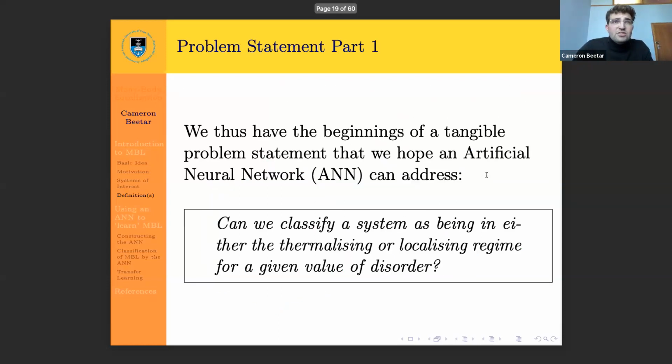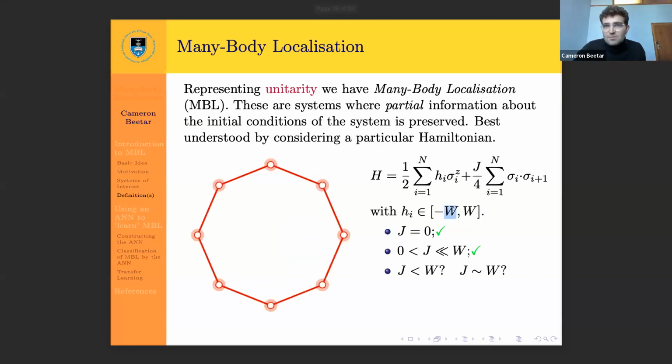Right. So we're keeping the whole picture in mind. We can have an initial part of a question that we want the neural network to try and solve. And that is, can we classify a system as being in either the thermalizing or localizing regime for a given value of disorder? Remember, disorder is this W parameter.